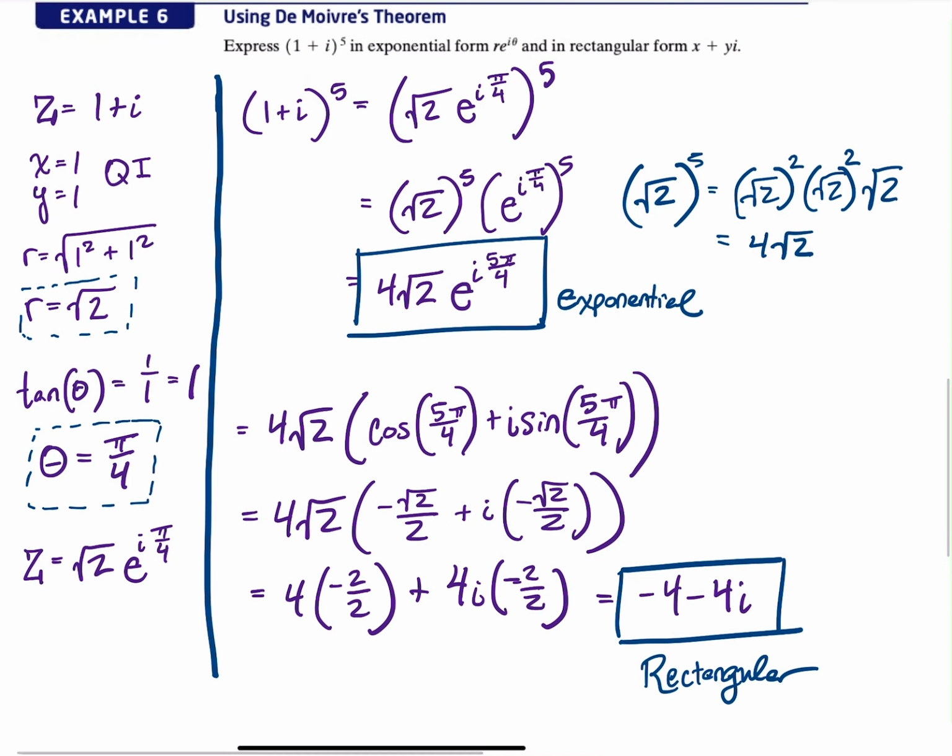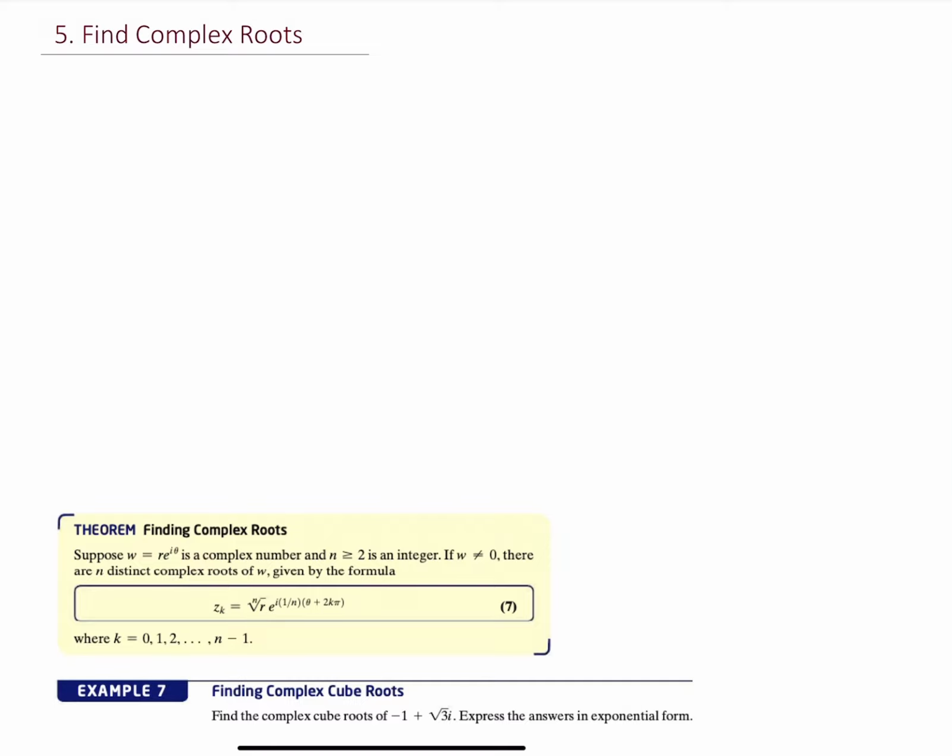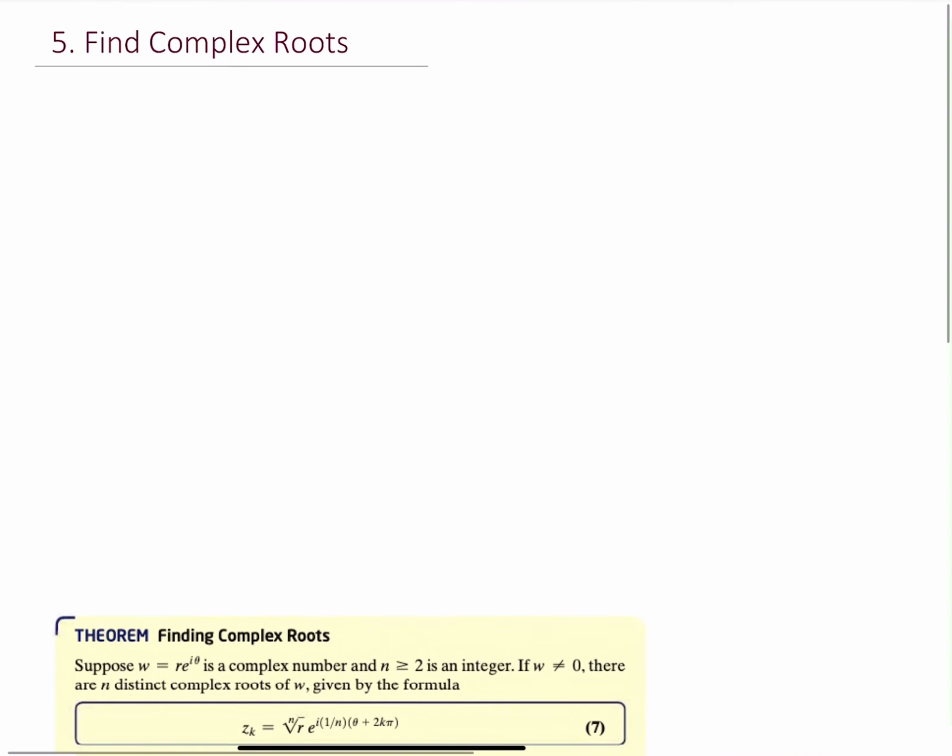So now we've multiplied complex numbers, we have divided them, we've raised them to some power. So now let's find some roots. So we can imagine taking, say, the nth root of our complex number z.